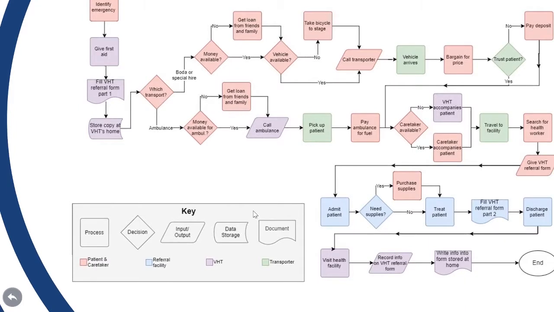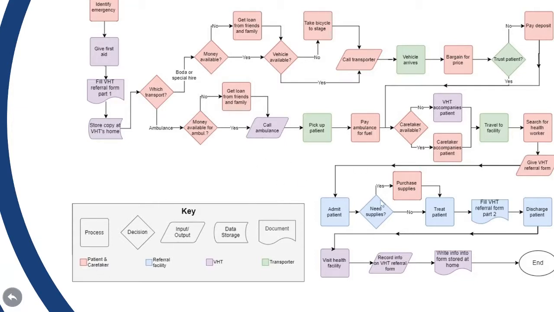I want to point out that we'll be using an additional symbol, this symbol for a document, because almost all of the forms or data were processed through paper forms rather than using a computer.